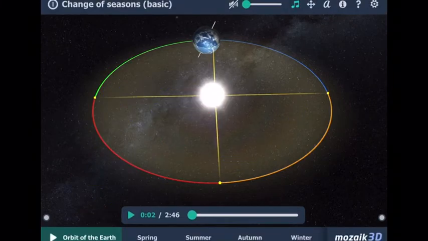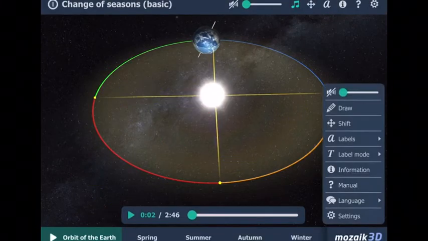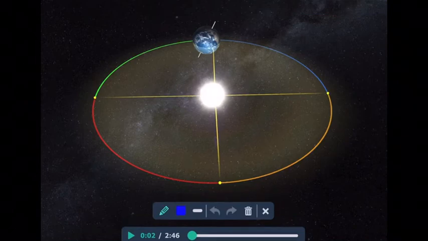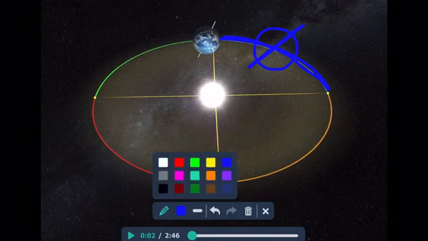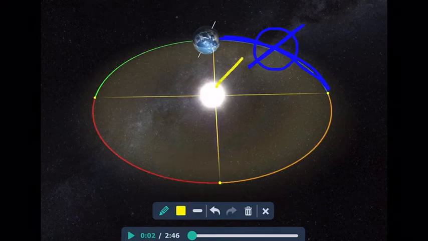Okay. Now when earth comes to this blue zone, earth enters this blue zone. See, the tilting of the earth is like this. The northern hemisphere goes away from the sun, and now the sun's rays are directly falling on the southern hemisphere.